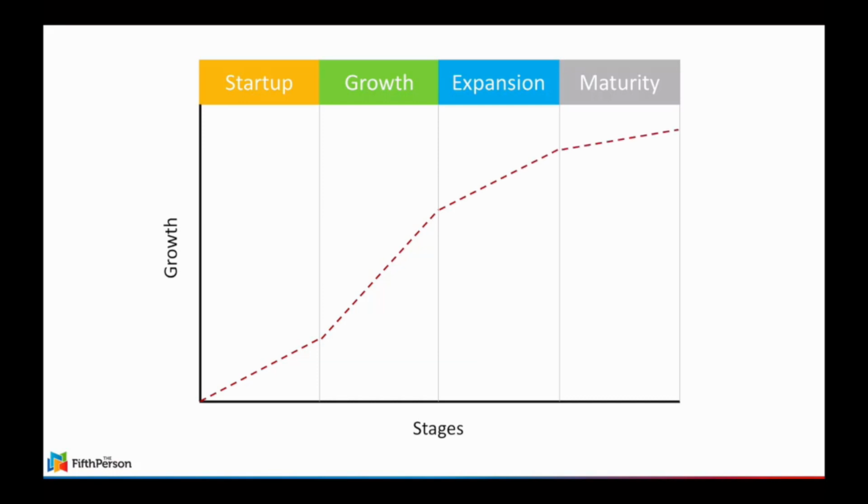Secondly, there is what we call the expansion stage and the maturity stage. This is where you can find your mid-cap and large-cap stocks. They are usually well-established companies that have built up their market share and their position inside the industry. They usually have stable revenue, net profit, and cash flow.